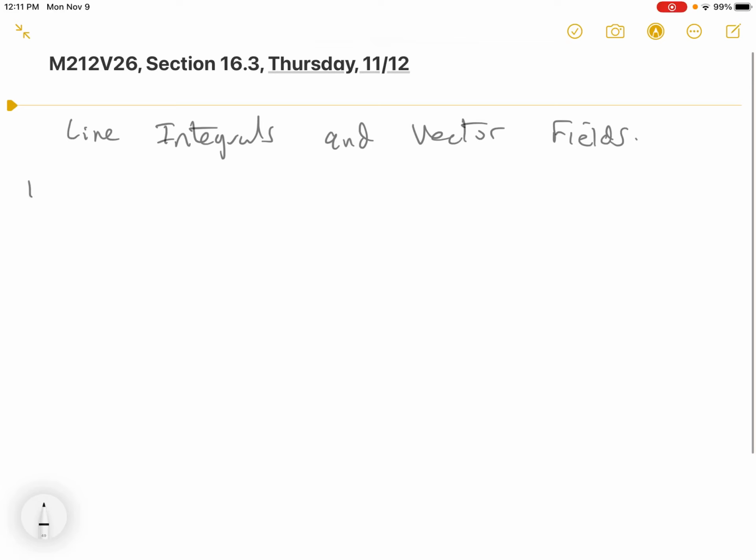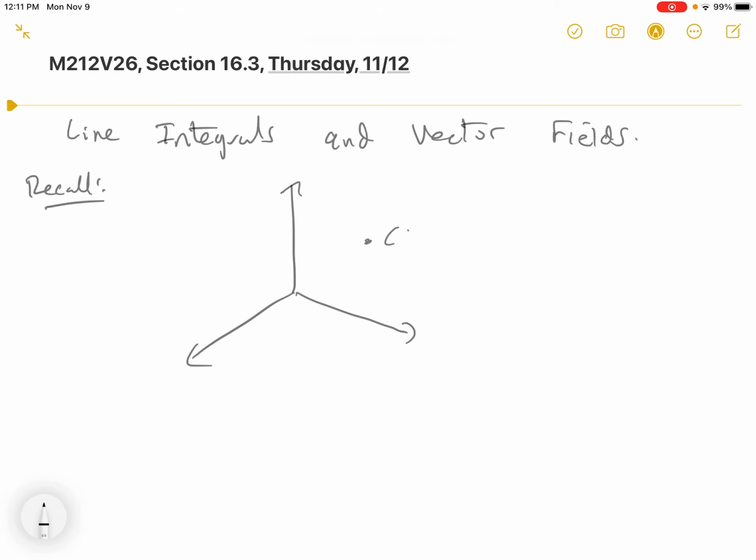Recall from 16.1, we looked at a function. It was something like f of x, y, z equals x minus 3y plus c. And we looked at integrating it over this curve, c1.